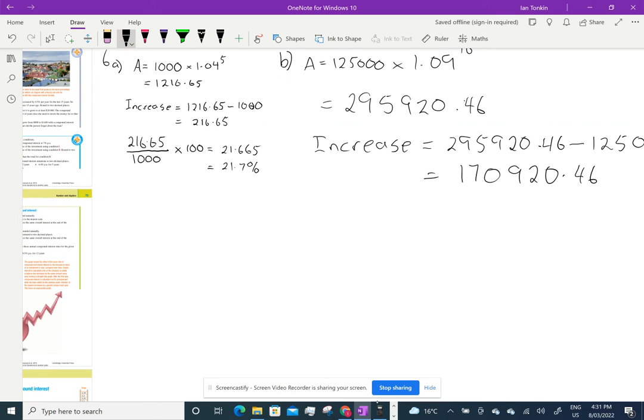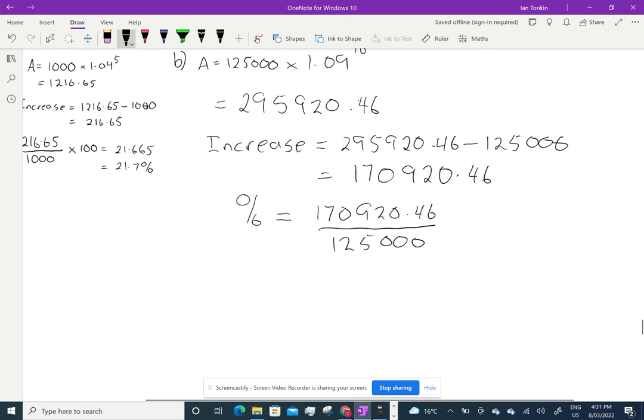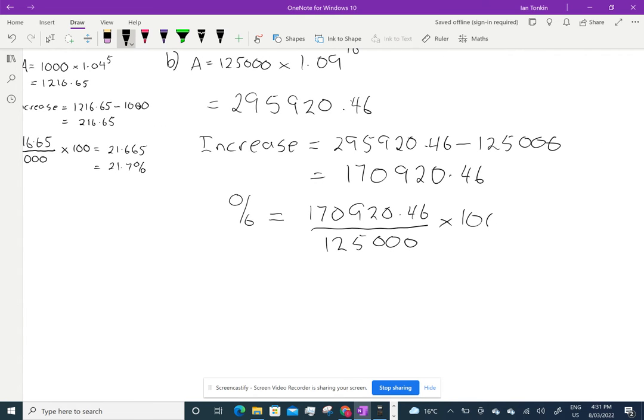Now, as a percentage, remember this is the easy part. As a percentage, that is 170,920.46. What was it originally? It was 125,000. And how do I make that a percentage? You times by 100. Now we've already got that 170,920 in my calculator.